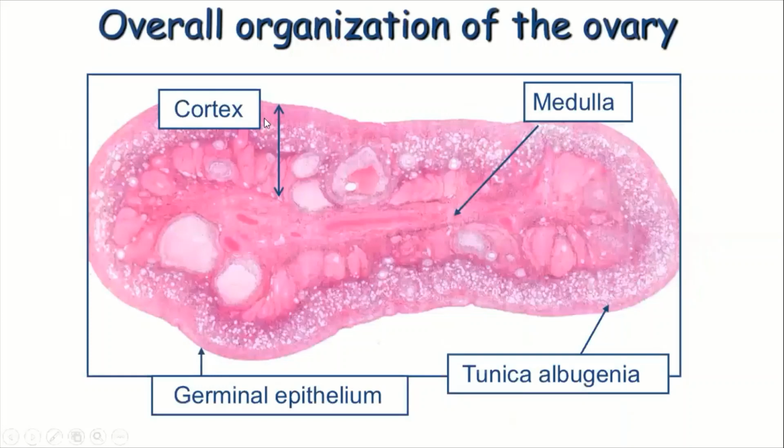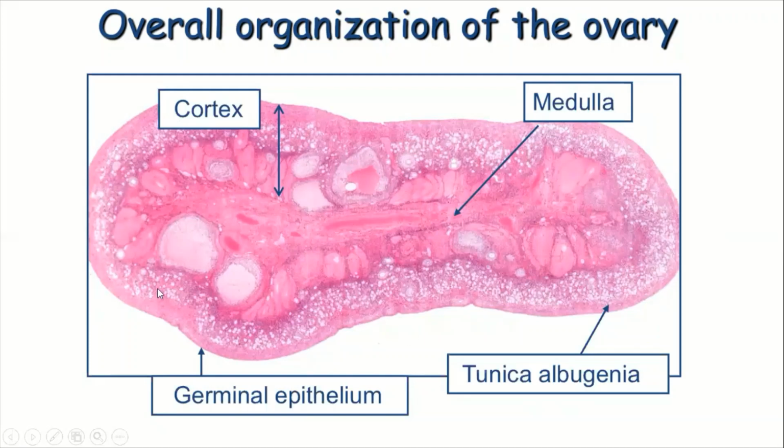Okay. So this diagram you should know. This is just a cut section with H&E staining, hematoxylin and eosin staining, of the tissue of the ovaries, where you can see it is more darkly stained in the periphery and light stained in the center. This center part, which is surrounded all around by these light stained and dark stained areas, they are called follicles.